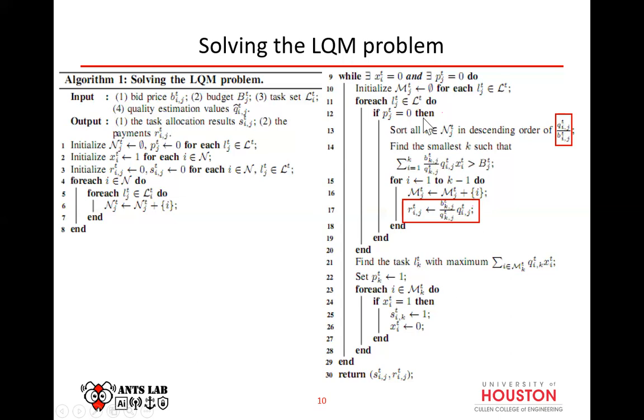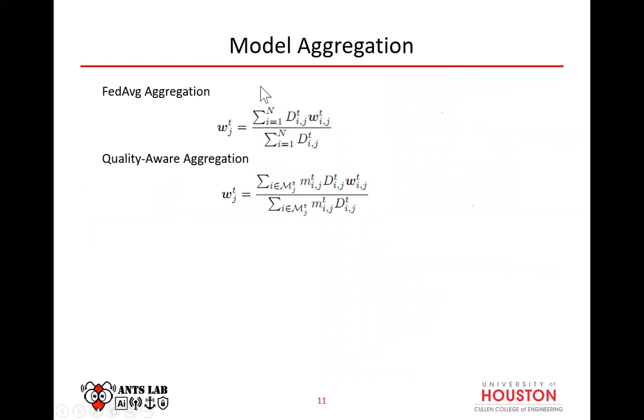And this is the incentive mechanism algorithm. Then comes the model aggregation. Unlike existing model aggregation, for example FedAvg, it proposes a model aggregation that considers not only the training data size, but also the training data quality as the weight.